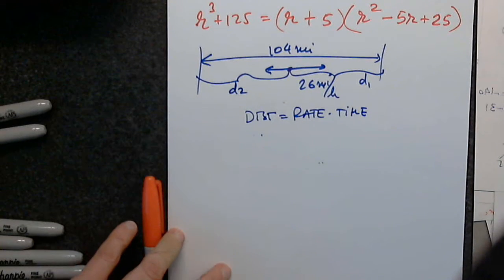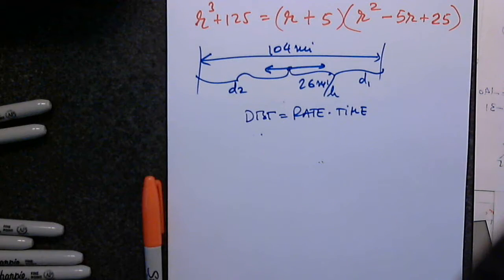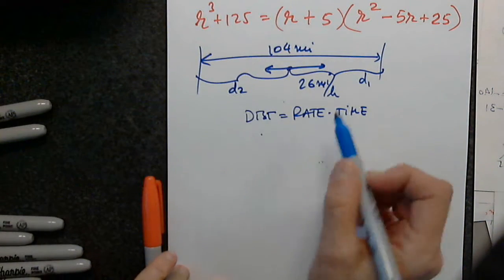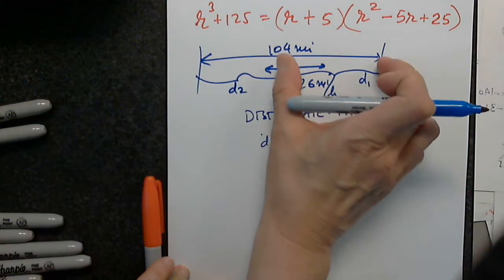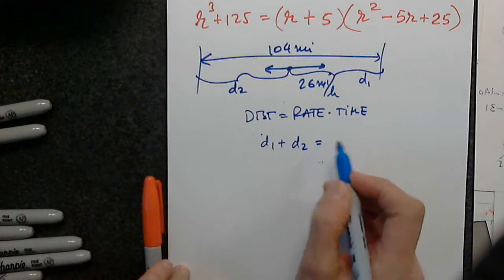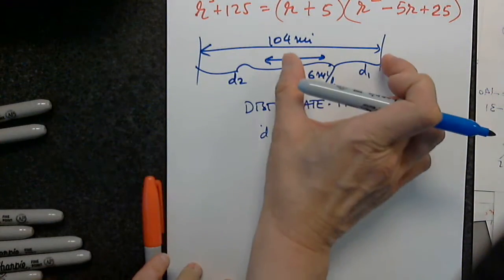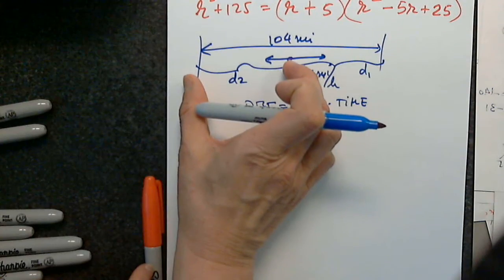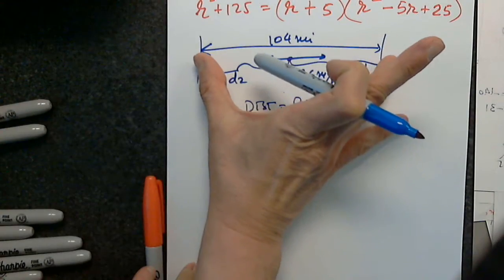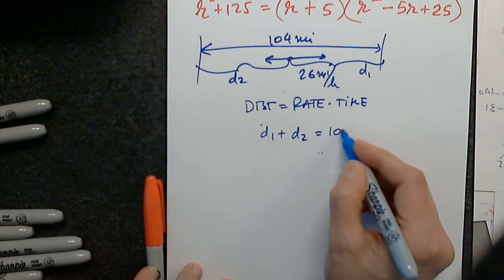So the question is asking us to find the time needed for them to be 104 miles apart. So I have the distance D1 plus the distance D2 must equal 104.